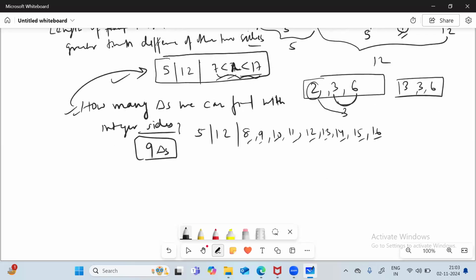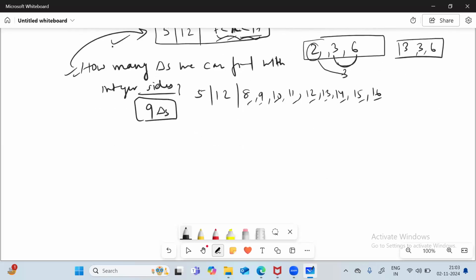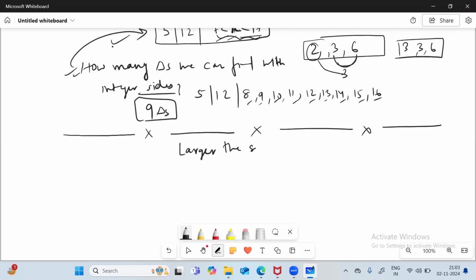So we actually talked about the condition with sides and angles. Since we were saying that the larger the side, the larger the angle, or the larger the angle, the larger the side. And this is true vice versa.